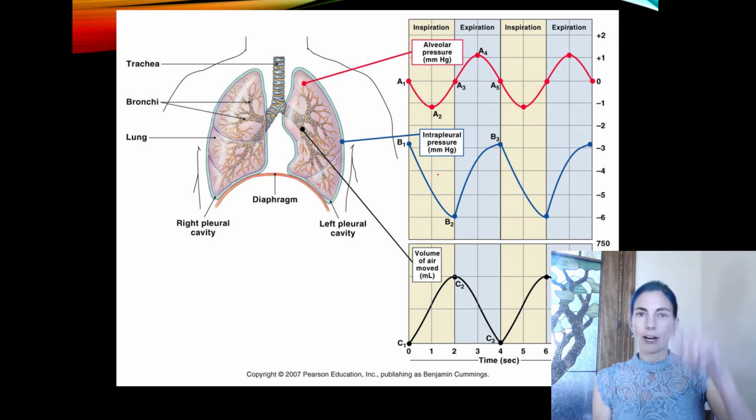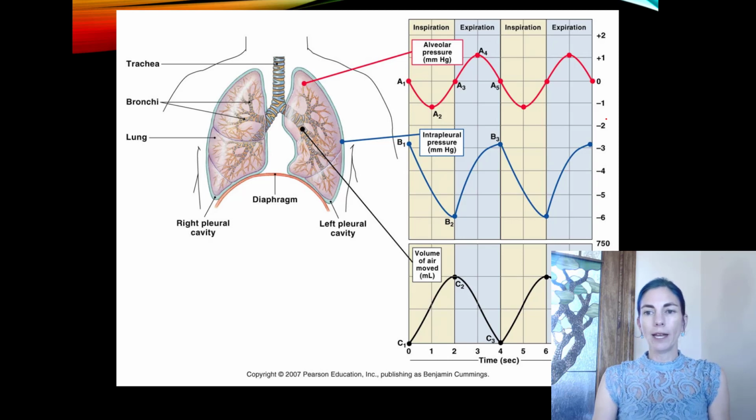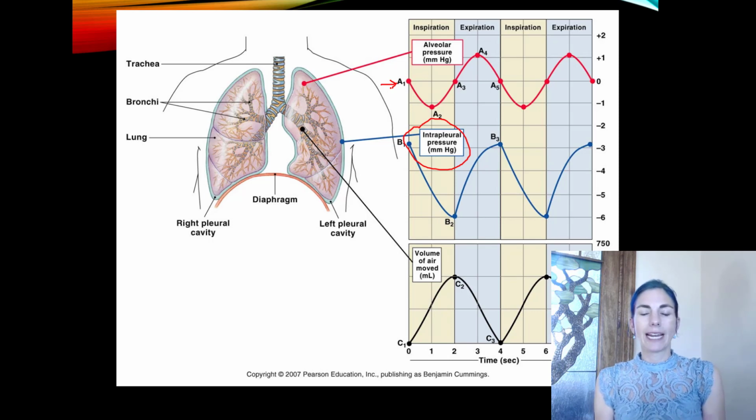Now, I don't really care about how it oscillates in this graph. What I care that you know is that the pressure in between the two pleural membranes is going to be less than the pressure in the lungs. So we can, in a simplistic way, call that negative pressure. It has a lower pressure than the pressure in the lungs.